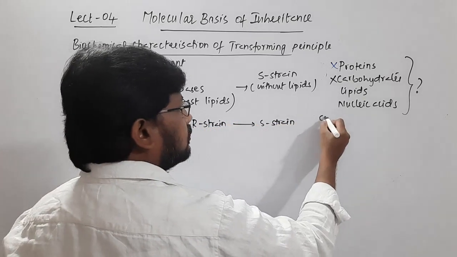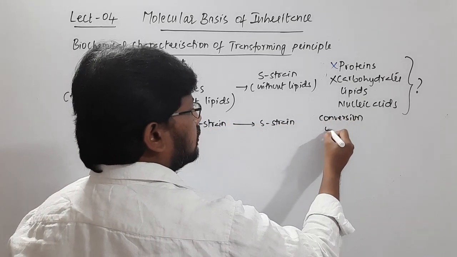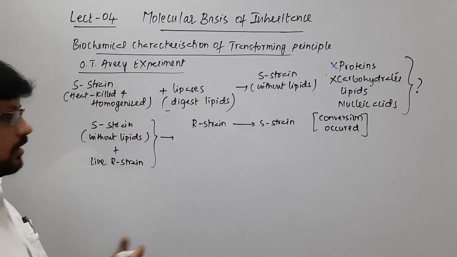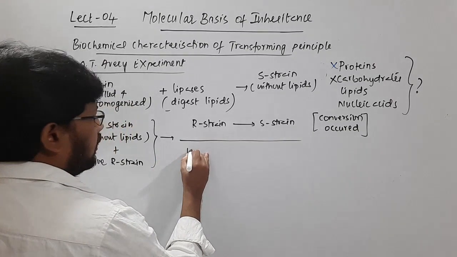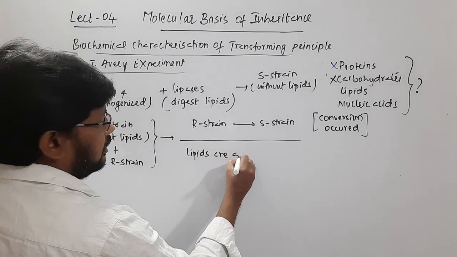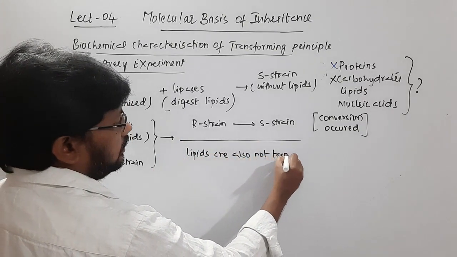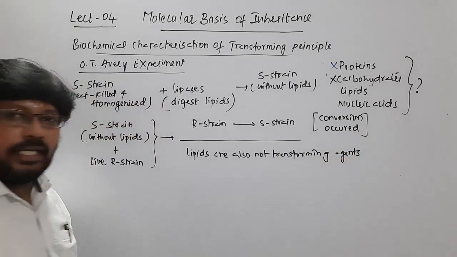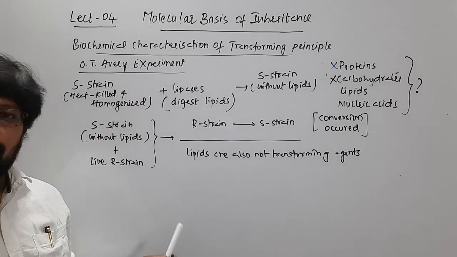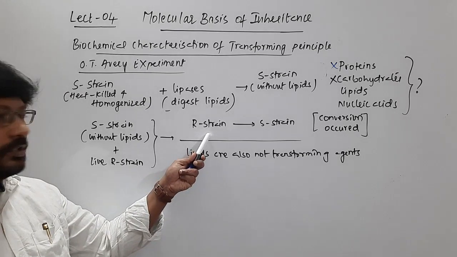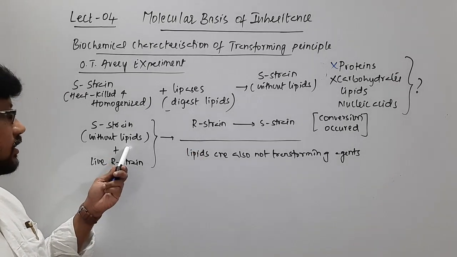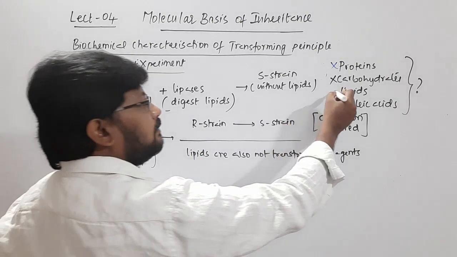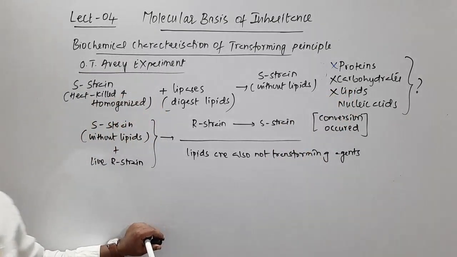So in this case also conversion occurred, and with this we come to a conclusion that lipids are also not transforming agents. If the lipids were transforming agents, then this conversion should not take place because the lipids are absent in the S strain. With this we eliminate lipids also from the list.